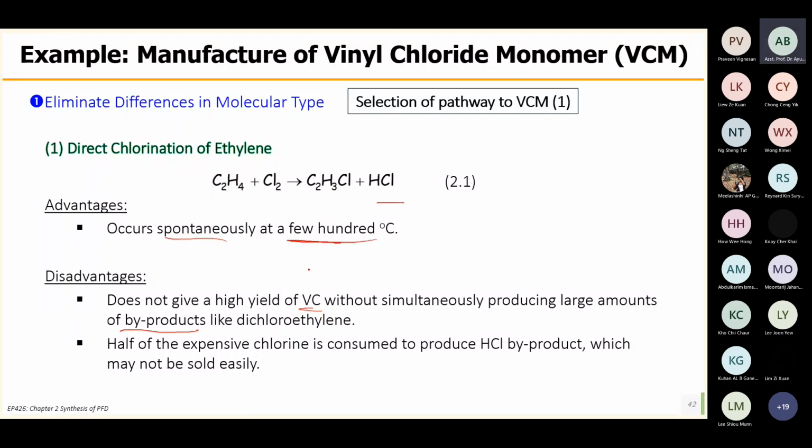Lower yield, high byproduct. Half of the expensive chlorine is consumed to produce HCl as byproduct. So from this process, low yield, high byproduct.